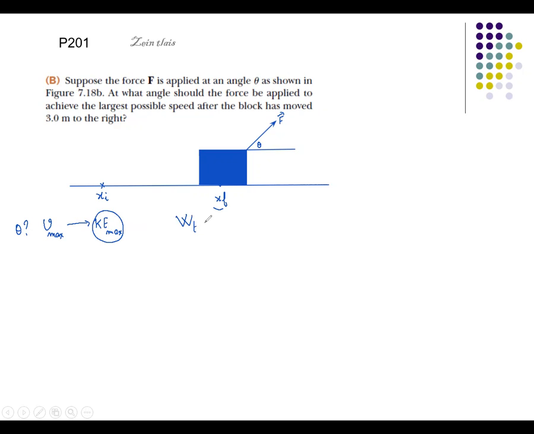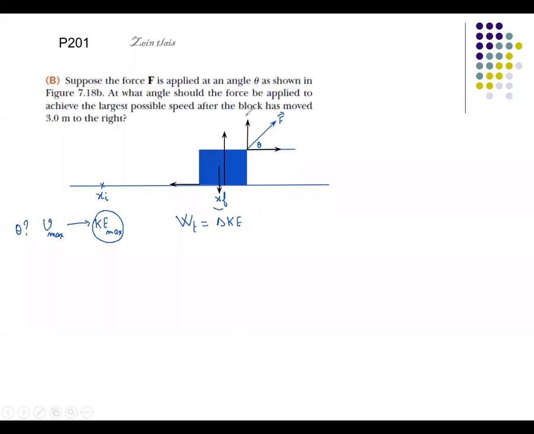Work total equals delta kinetic energy. For the total work, let me put all the forces applied on the object. Here we have Fx, Fy, N, mg, and f.